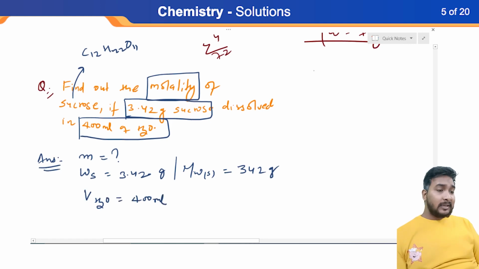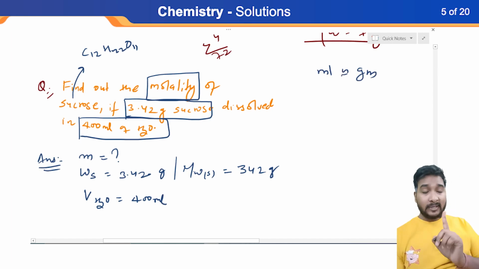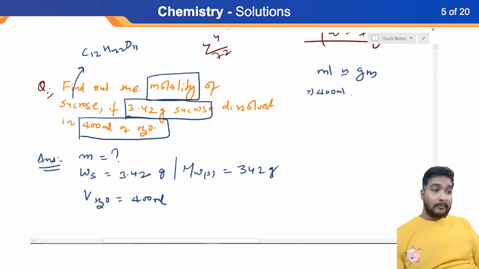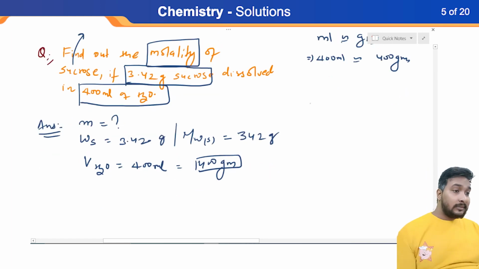And remember that ml and gram are equivalent, not equal. Listen carefully, not equal, it is equivalent. So if I have 400 ml of water, then obviously I have 400 grams of water. Now we know the formula of molality.